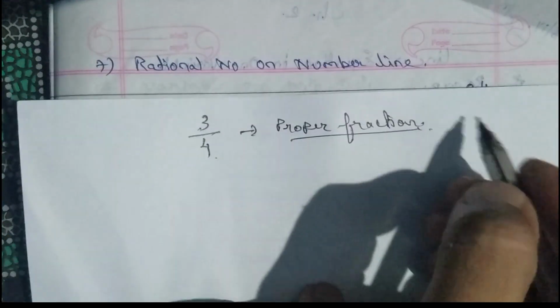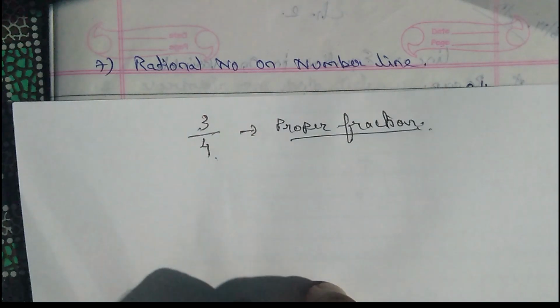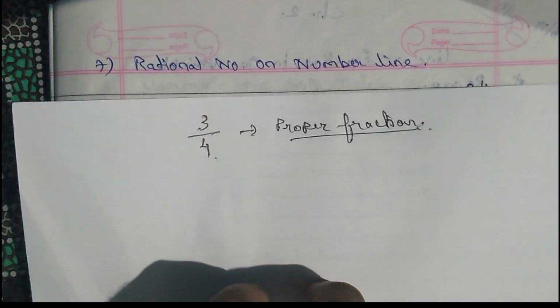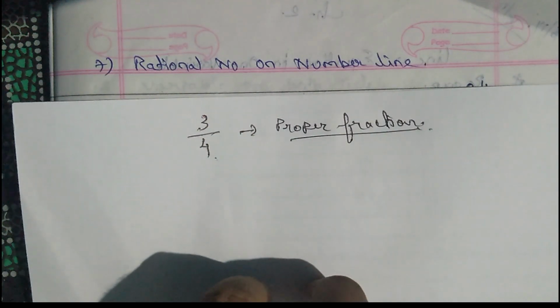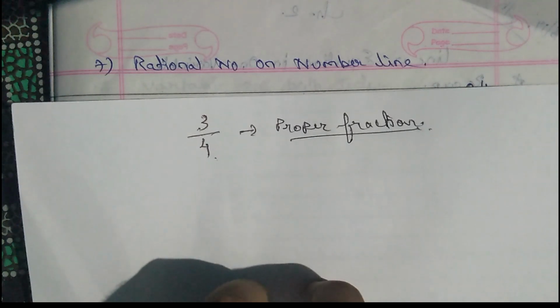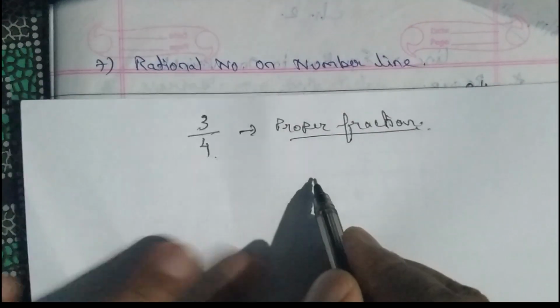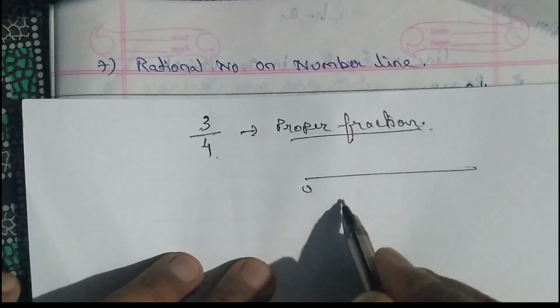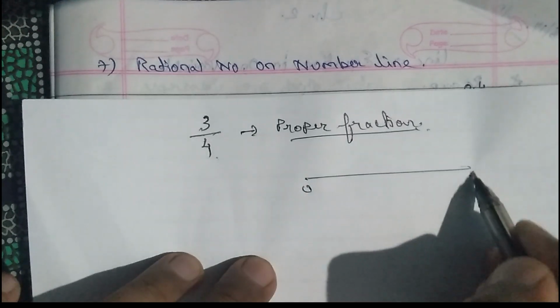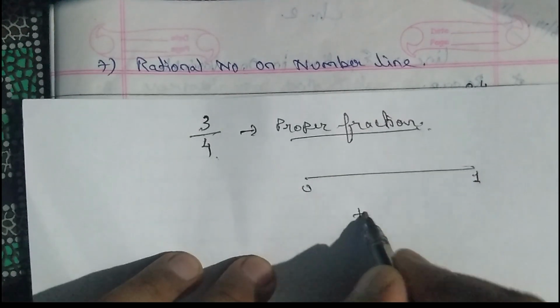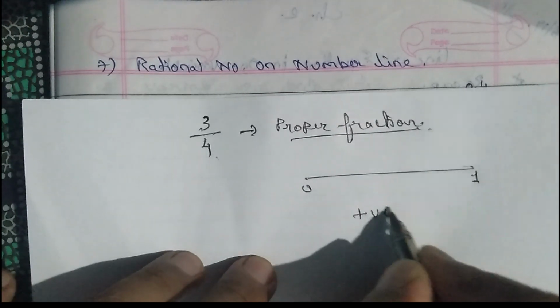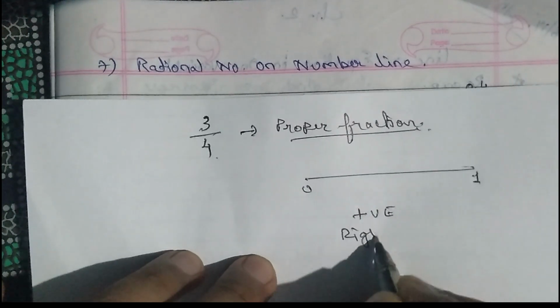Now in this case, such fractions exist only between 0 and 1, and as it is positive, it is always going to come in between 0 and 1 on the positive side, that we can say as right side.